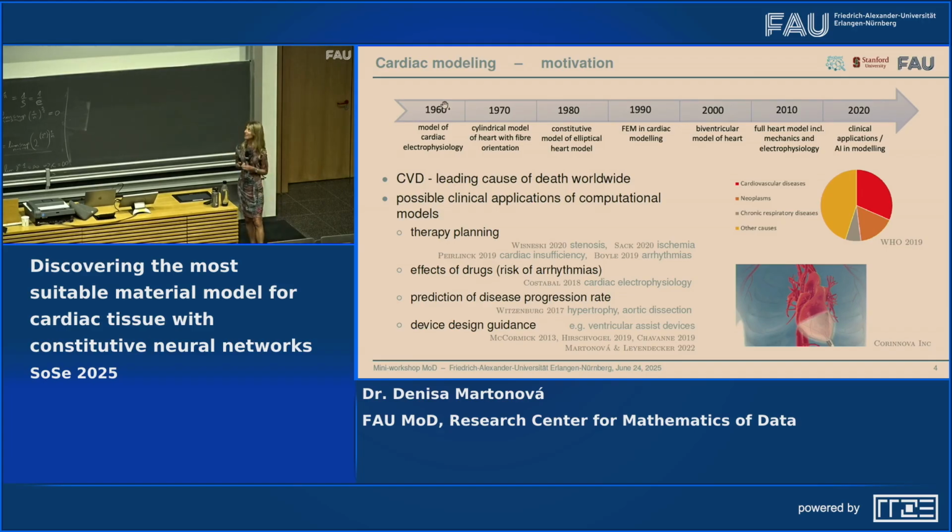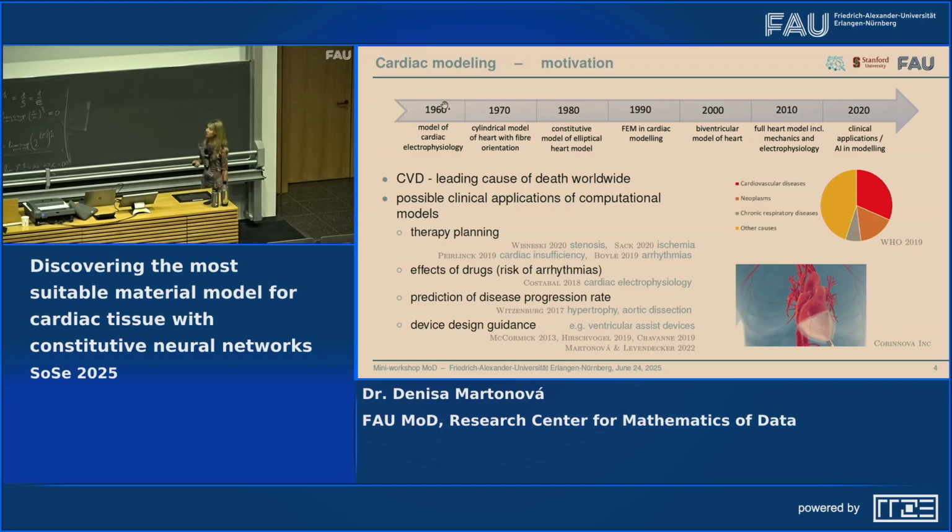So it's very good to have computational models which can help us predict disease progression rate, help with therapy planning, and help investigate how to design drugs or devices, in this specific case, like heart pumps or other devices helping diseased hearts.